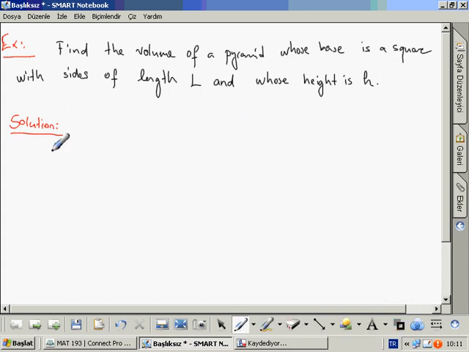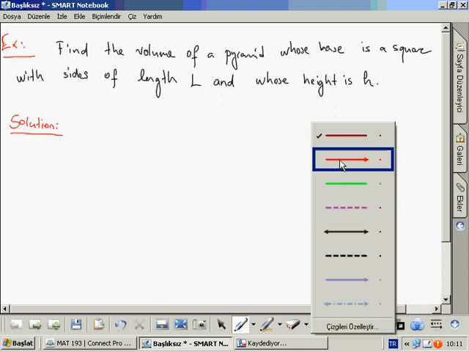Let's start off with a sketch of the pyramid. Of course, in this case we will center the pyramid on the y-axis, and to make the equations easier we are going to position the point of the pyramid at the origin. Okay, and let me sketch it.